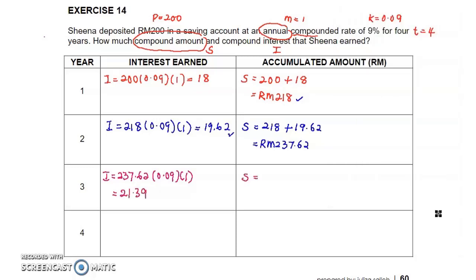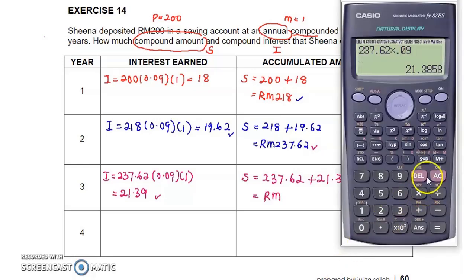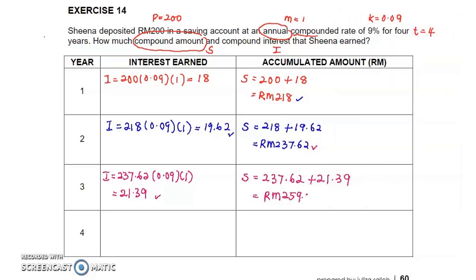So at the end of year 3, previously we had 237.62 plus the third year interest of 21 ringgit 39 cents. So at the end of the third year, the accumulated amount is 259.01. Then this amount will be the new principal for the fourth year.